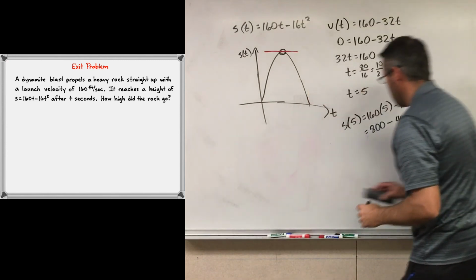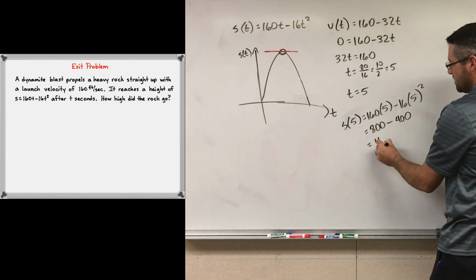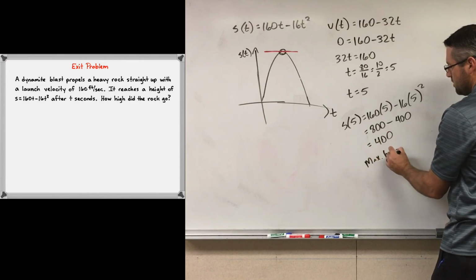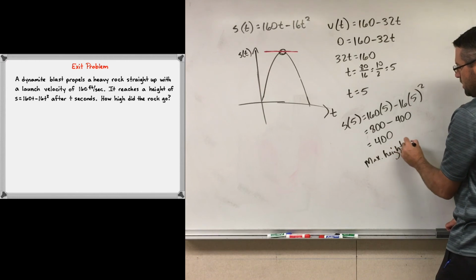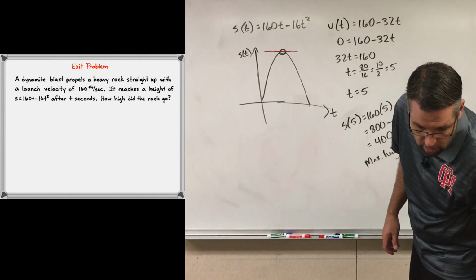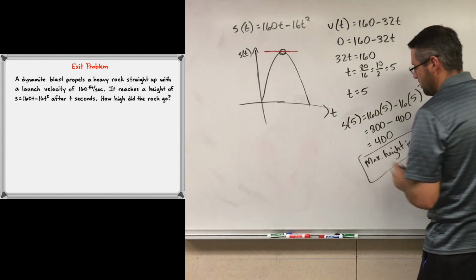And so our position, or our height, when t equals 5 is 400. So the maximum height is 400. 400 what? 400 feet. So that is our maximum height.